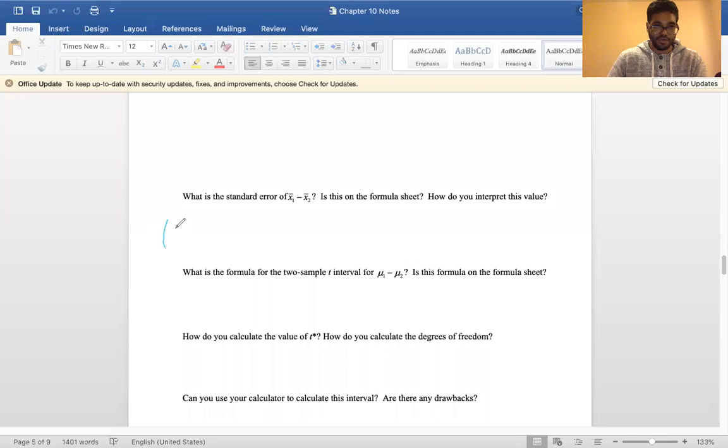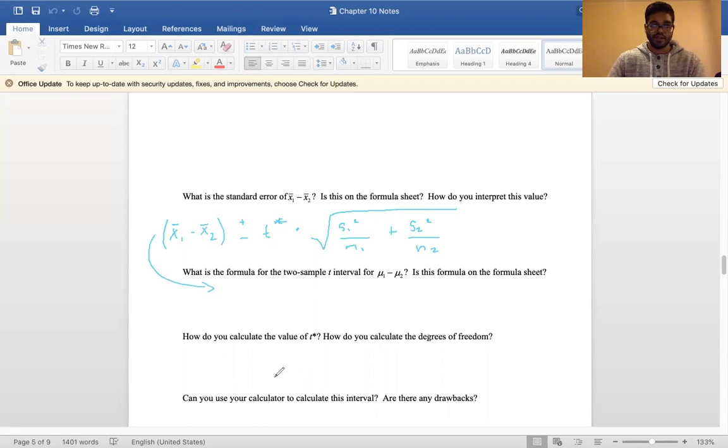So what we're going to have is x bar 1 minus x bar 2 plus or minus t critical times the square root of s1 squared, which we just talked about, over n1 plus s2 squared over n2. And remember, this is for confidence intervals. Oh, I put this in the wrong spot. This goes down here.